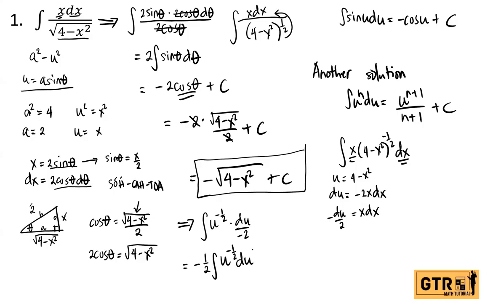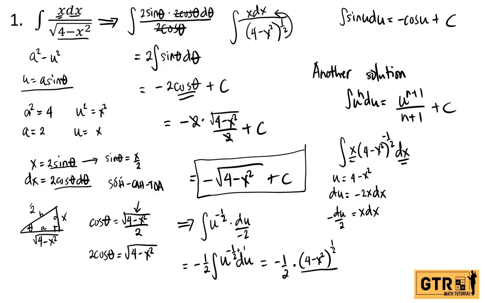Ayan, negative 1/2 du. So apply the formula, just add 1 to the exponent and then divide by n plus 1. So therefore, we have negative 1/2 times the value of u, which is 4 minus x squared, and then we add 1 to the exponent. So negative 1/2 plus 1, the answer is 1/2.